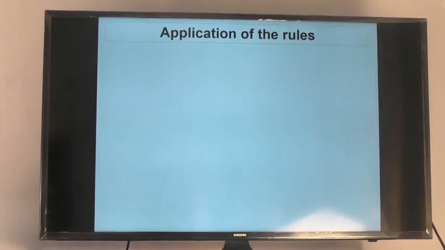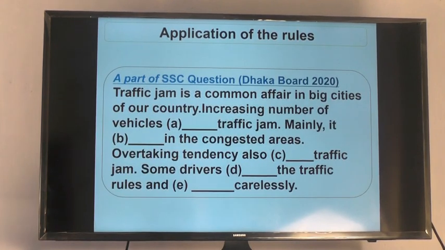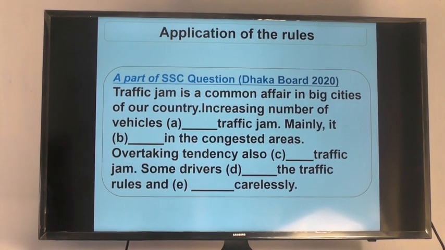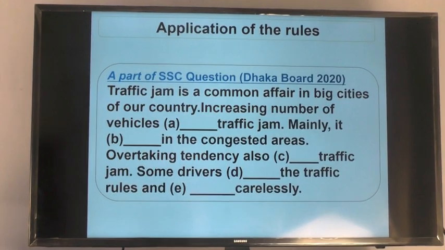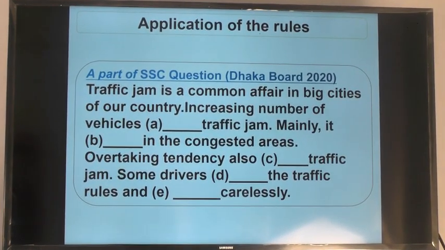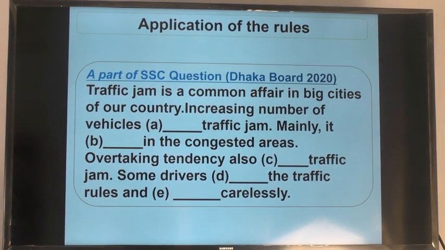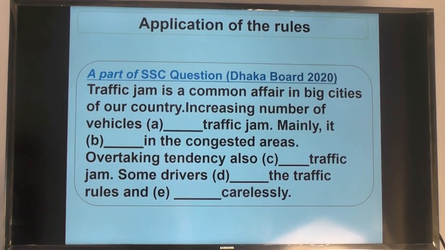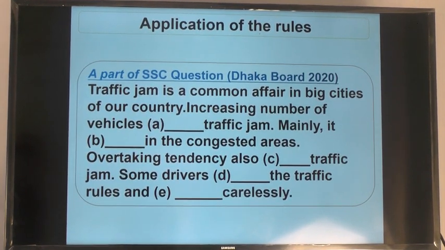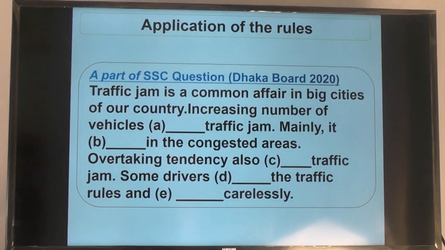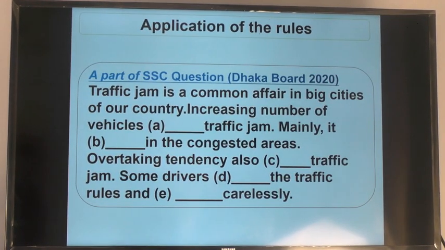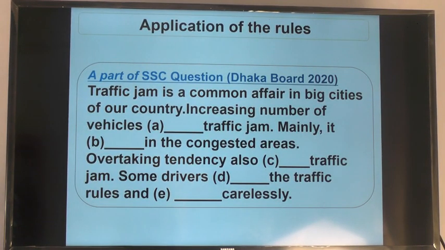Application of the rules. Now you are getting a part of an SSC question, Dhaka Board 2020. Now read the passage. Traffic jam is a common affair in big cities of our country. Increasing number of vehicles traffic jam. Mainly it in the congested areas. Overtaking tendency also traffic jam.